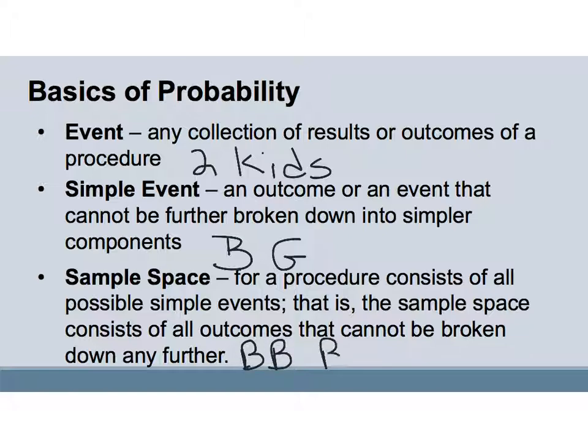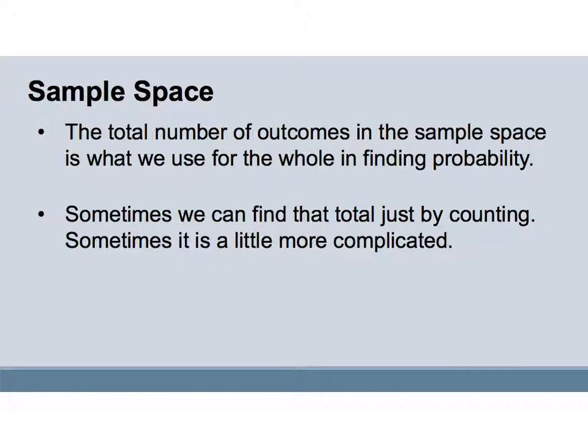You could have a boy, then a girl. You could have a girl, then a boy. Or you could have 2 girls. So in your sample space, you have 4 possibilities for having the event of 2 kids. So sometimes sample space is just the total given, and other times it's more complicated, like the boy-girl thing, where we have to think of all the combinations for getting it.